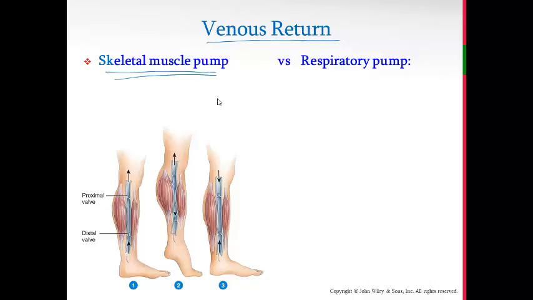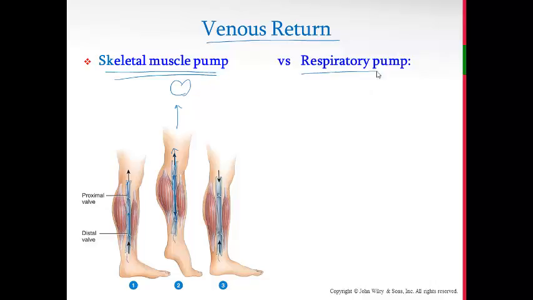We have our skeletal muscle pump. Each time your muscles are moving, for instance when you're exercising, these muscles help push the blood back. Of course, some might go back a little bit, but with the valves, hopefully it will go all the way back to your heart.